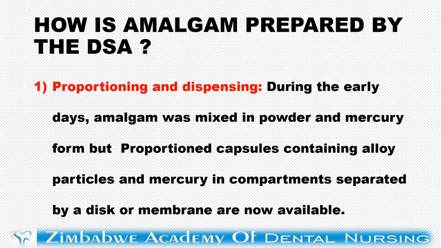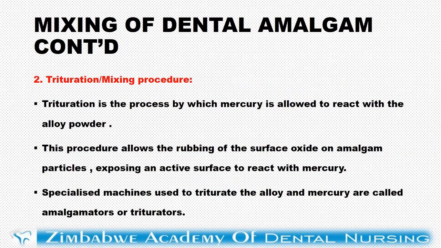But before then, the dental assistant used to mix it manually. This process of mixing dental amalgam is sometimes referred to as trituration, just a bit of professional words, so that we also use professional words.